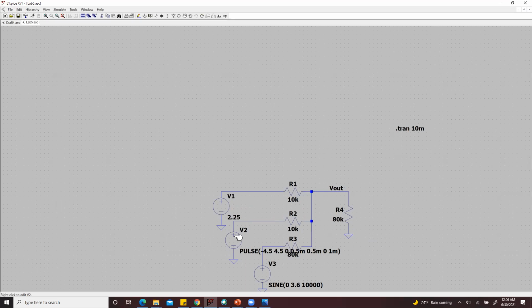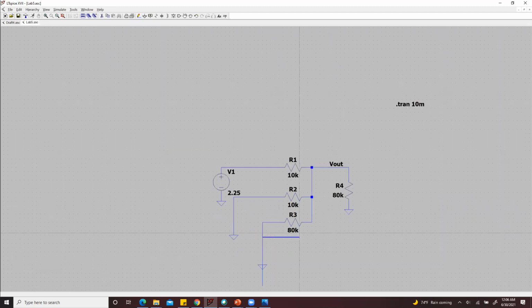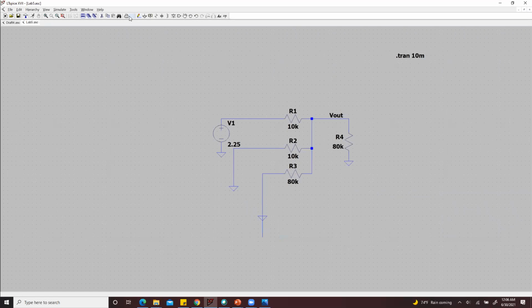You want to delete V2 and V3 and short them to ground. Then you run the transient simulation and take a screenshot.